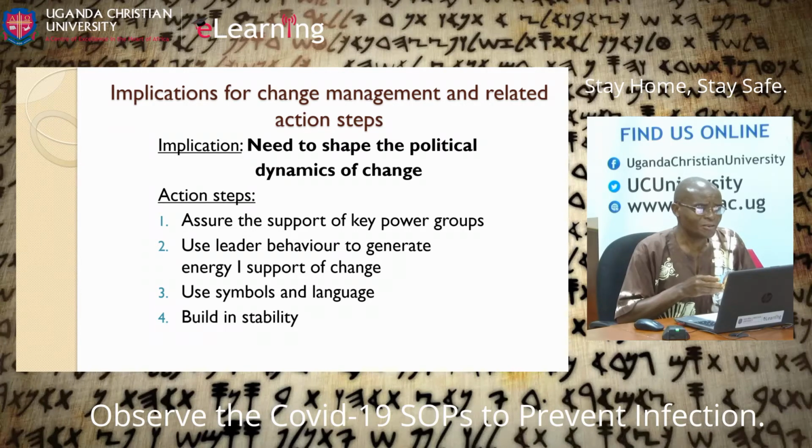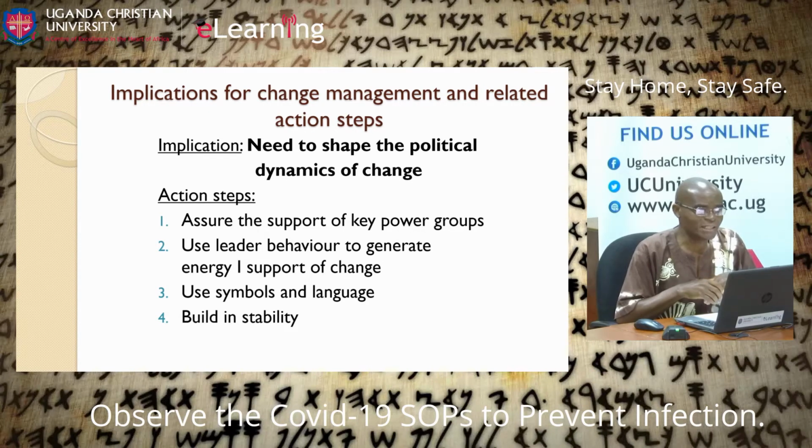Secondly, use leader behavior to generate energy and support for the change that you want to initiate. Those power groups will have leaders. Make sure that you bring them on board. Those leaders will help bring on board the groups that they lead.